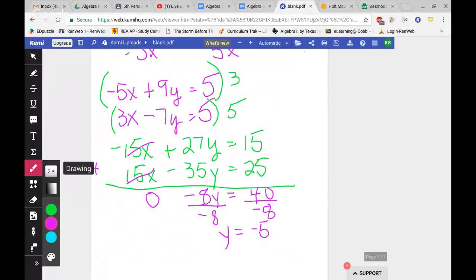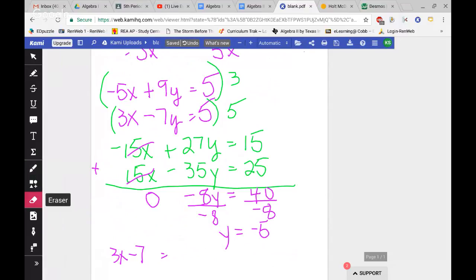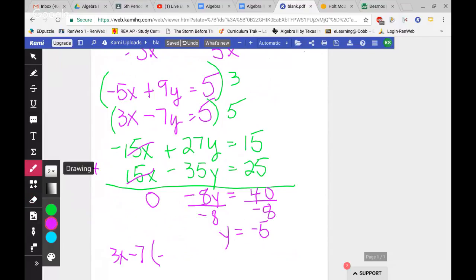So if I take that -5, and then I've got 3x minus 7y equals 5, I want to erase that. Substitute my -5 here.